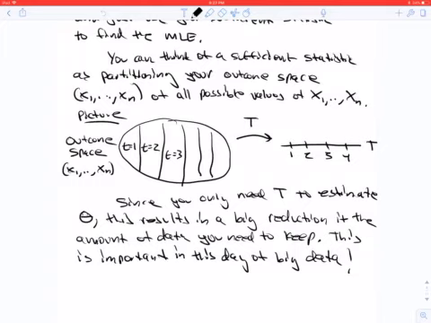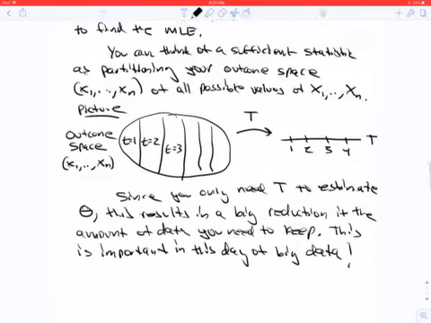That's a high dimensional space, and we can just reduce it. If T is just the sum of those xi, then we can reduce our outcome space to a single dimensional space, right? Where all we care about is the different values of T. So all those x's that have the same sum get collapsed to a single equivalence class.